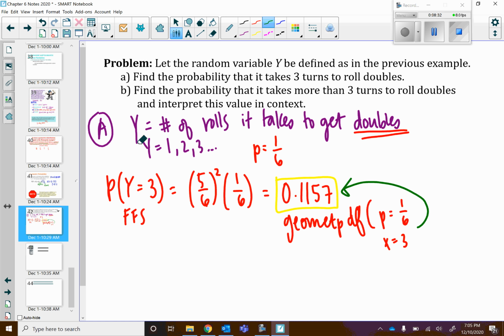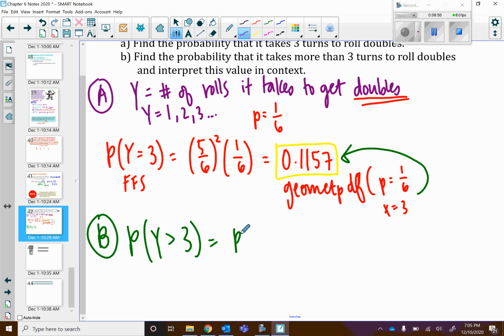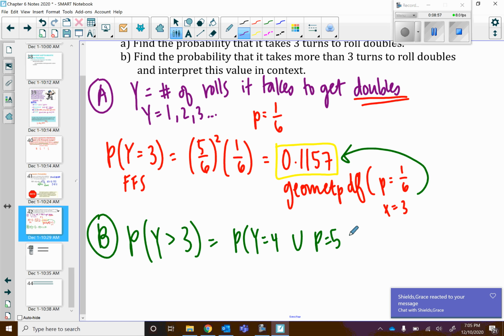Then B says, what is the probability that it takes more than 3 rolls to roll doubles? Okay, this one's a little more complicated. The probability that y is greater than 3, more than 3. Well, the catch is that could be the probability that I get 4, or it could be the probability that it takes me 5 rolls, or 6 rolls, or realistically, it could go on forever.